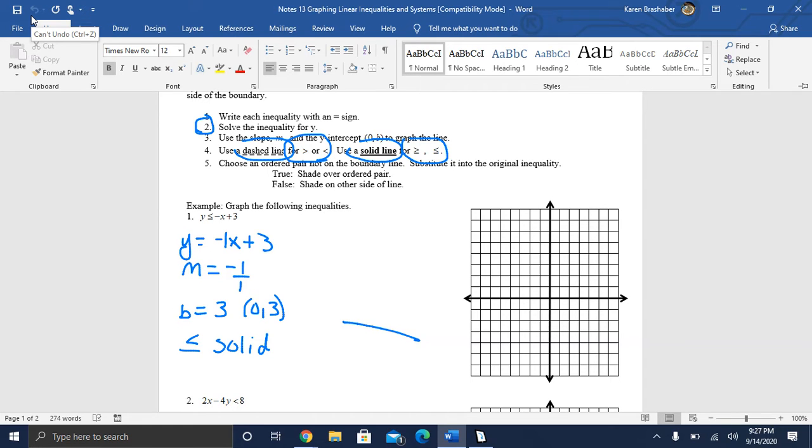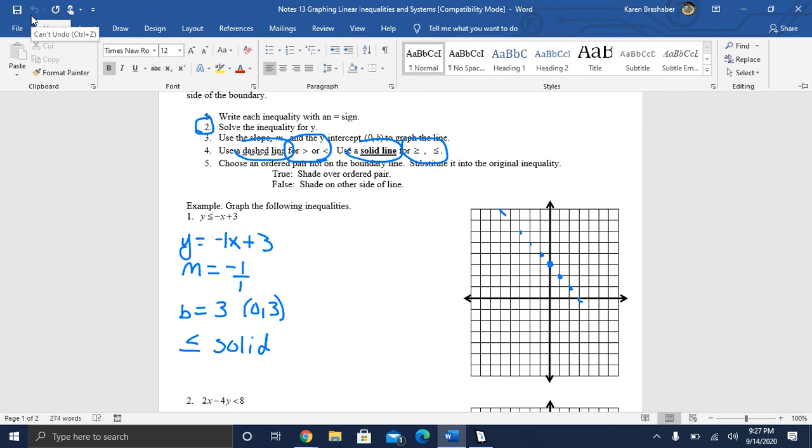So we'll take a look at the graph for this, again starting at 0, 3 on the y-axis and moving according to your slope, which is negative 1 over 1, so down 1, right 1. And you want to put enough points on here that when you do draw the line, you can be accurate.